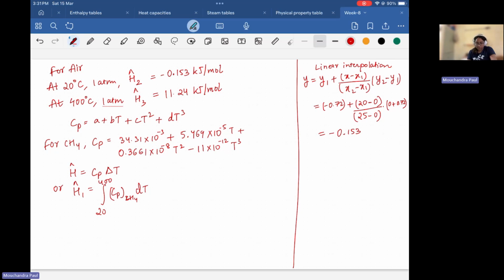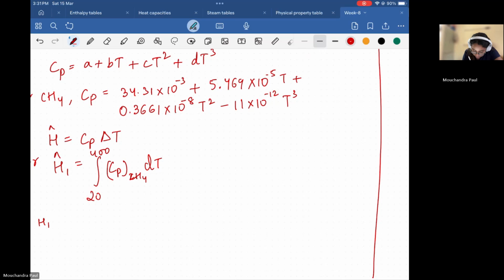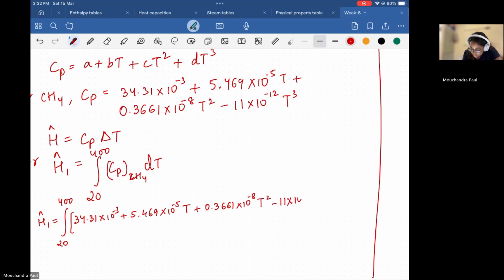Then we can get the value. Let's do the integration.